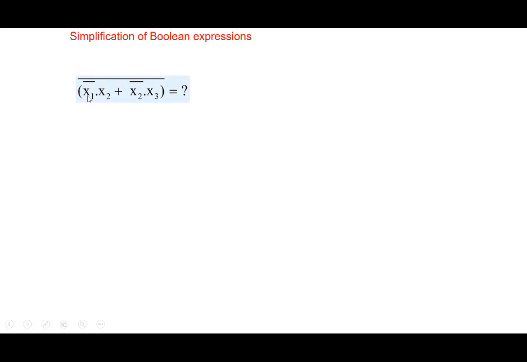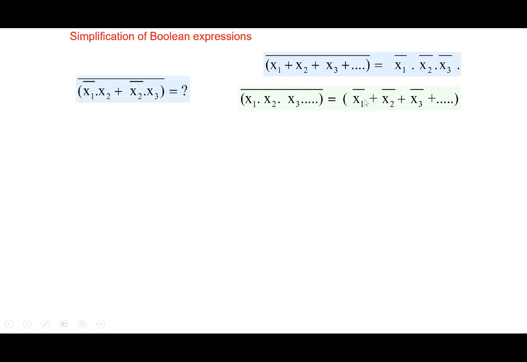So for example, what is (x1 bar dot x2 plus x2 bar dot x3) whole bar? We use these results. If you take the bar of this, it becomes the complement of each term, with the dot between them. The complement of the first term becomes x1 plus x2 bar, and the complement of the second term becomes x2 plus x3 bar.